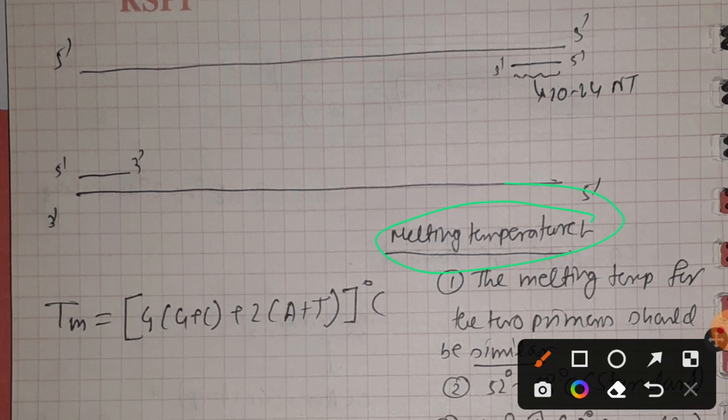So first thing I want to say is why we are designing primers: to anneal them with our templates, right? And there is a particular temperature known as the annealing temperature that is important to keep in mind during primer designing, because at that particular temperature the primer will anneal with the template DNA.